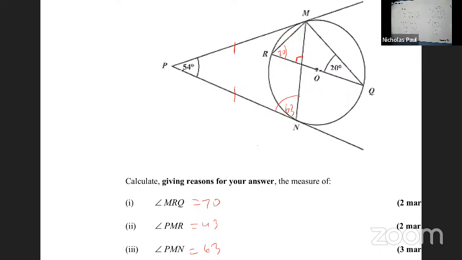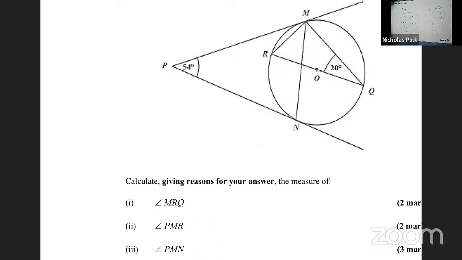So here's 70 and here's 90, right? But what you see here? Tangent meeting a triangle. So it means that here's 20. We would have figured out later on that here is 43 and this whole thing is 63. So we had to kind of go in reverse.